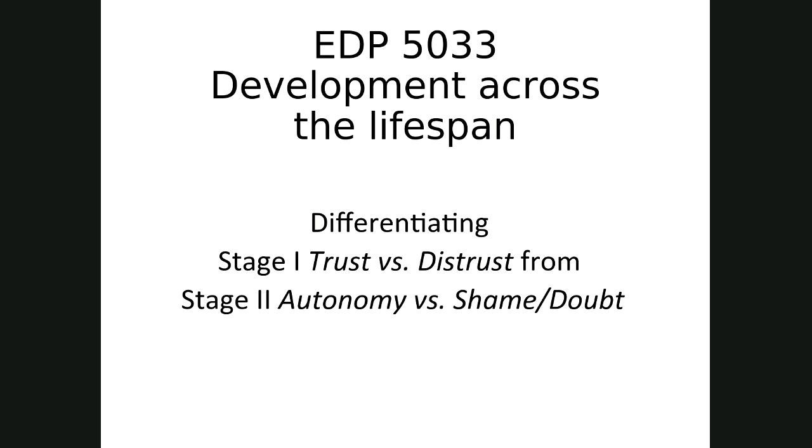A really interesting thing you'll notice is that in Erikson's descriptions, in the second stage, autonomy versus shame and doubt, shame becomes a core emotion, and it's very different than the one that follows, right? Initiative versus guilt.